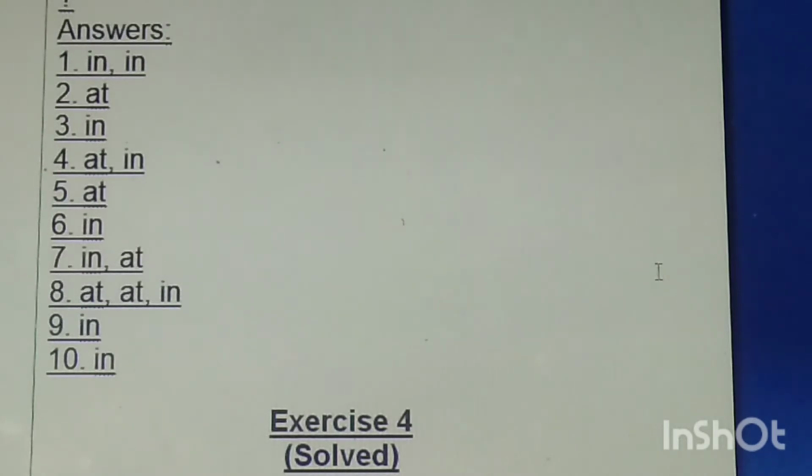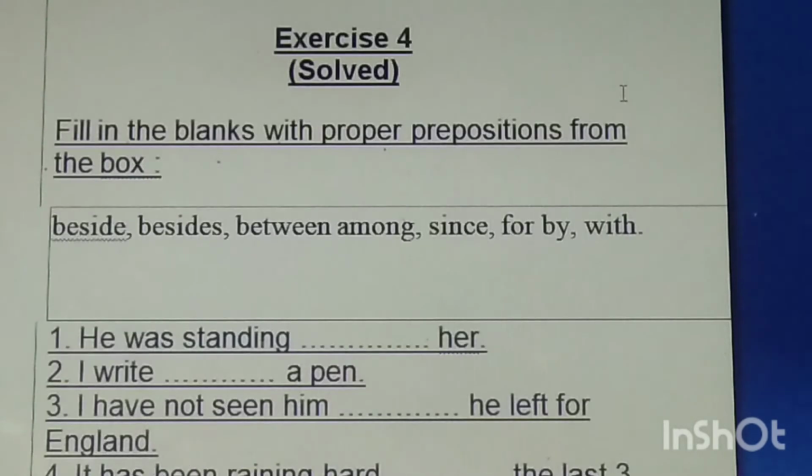Come on. Note down, in case you have got any blank wrong, please do the correction so that you learn. Okay, now we'll move on to the next exercise, children.